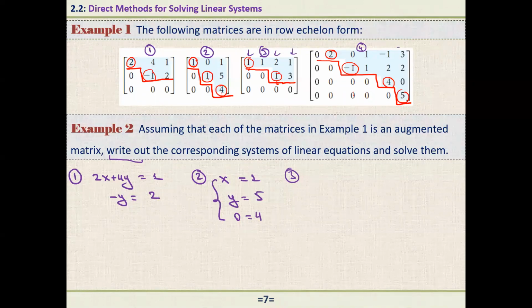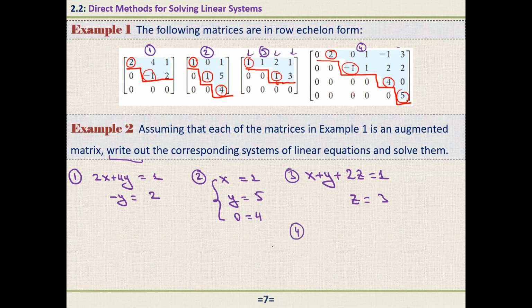So 1 times x, that is x, plus 1 times y, that is y, plus 2 times z, that is 2z, is equal to 1. And here we have 0 times x plus 0 times y. And here we have only z. So z is equal to 3. The third line also zeros, right? So we don't have to write anything. It's just 0 equals 0.